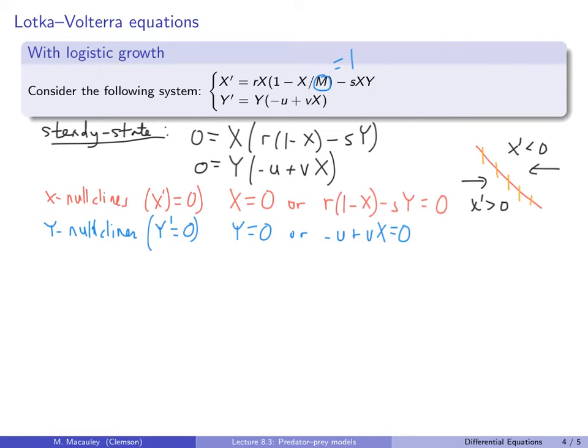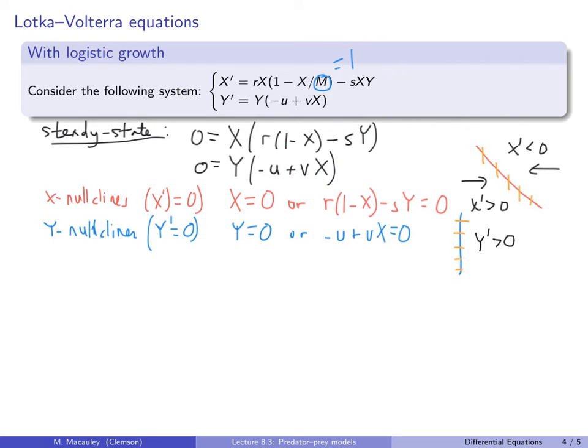So the non-trivial y nullcline is going to look like this. And so there's going to be hash marks on it that are going to be horizontal because the y value is not changing. And it's easy to check that when you are to the right of this, y prime is positive.